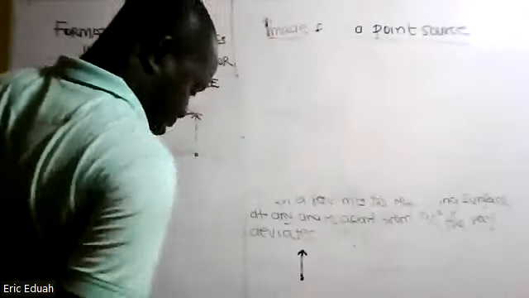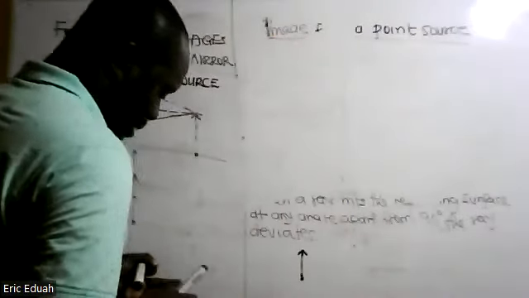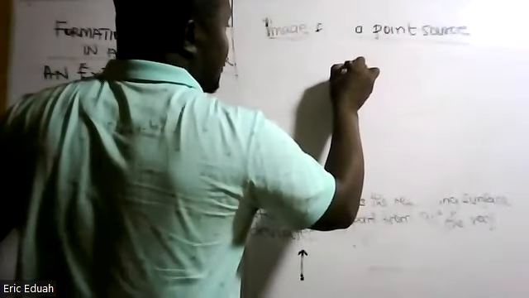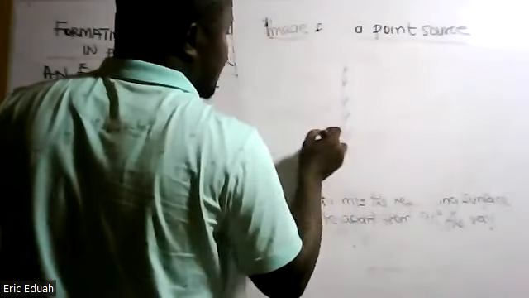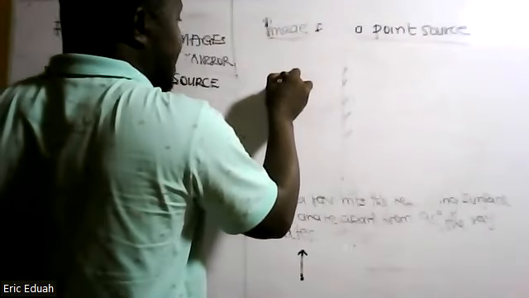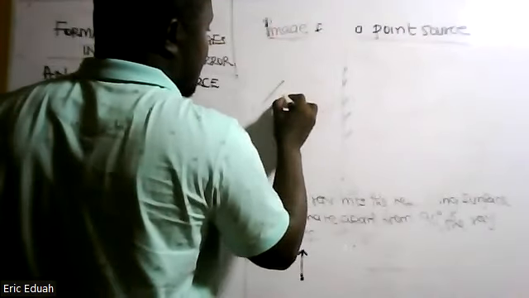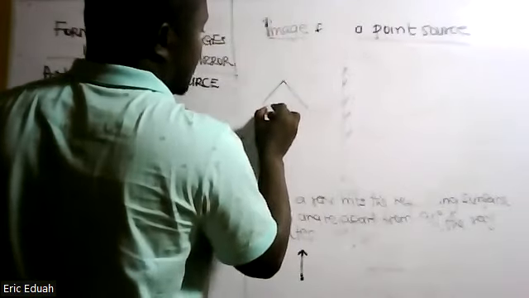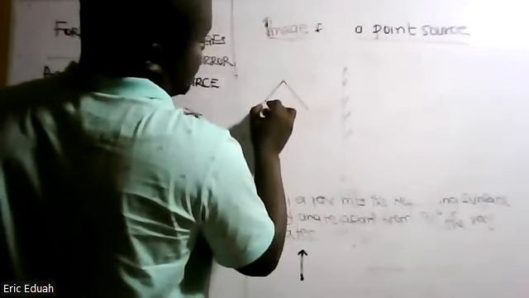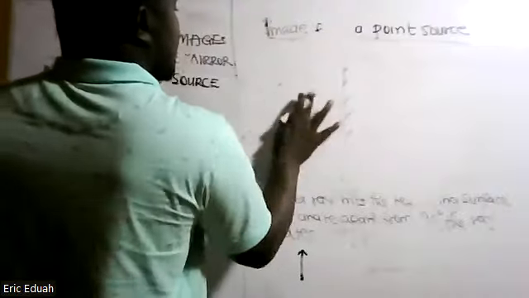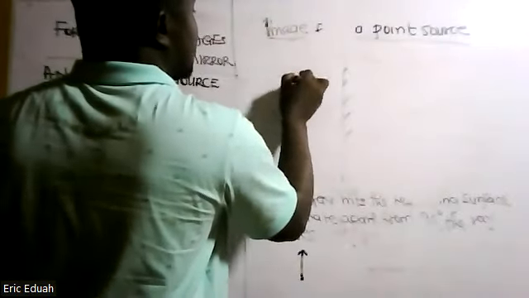So this is a plane mirror. I have the letter A. I want to draw an isometric A.